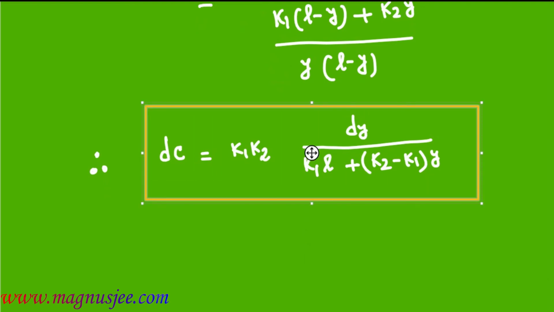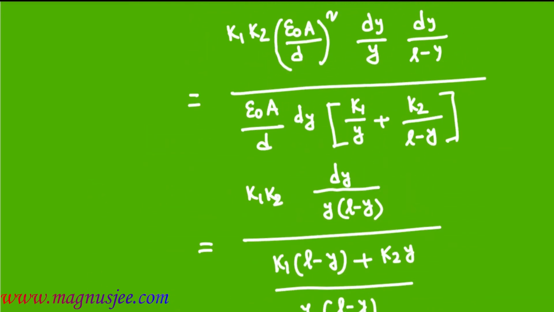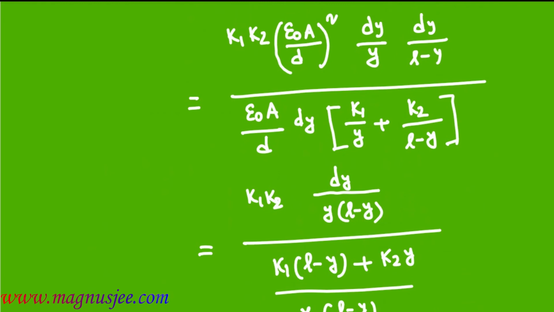So dC equal to K1 K2 epsilon 0 A divided by d, dy divided by K1 l plus K2 minus K1 into y. In this line we have to write epsilon 0 A divided by d, it was missing.